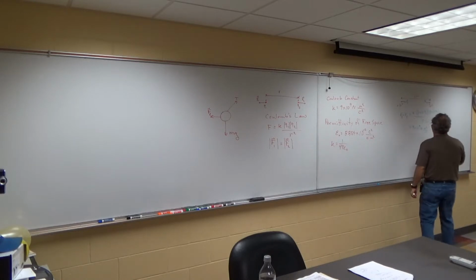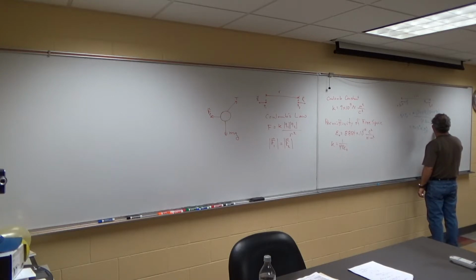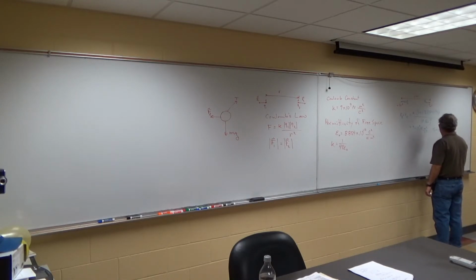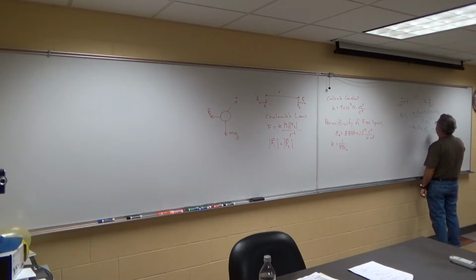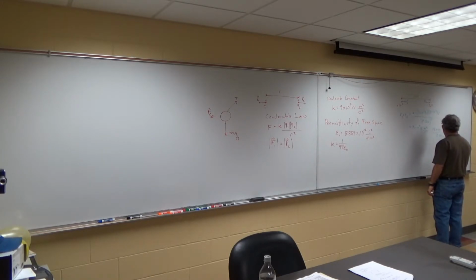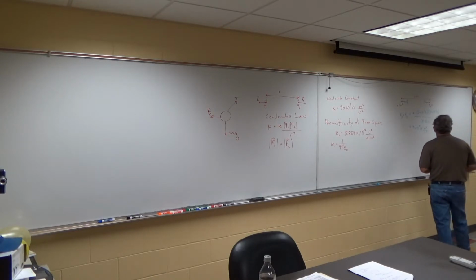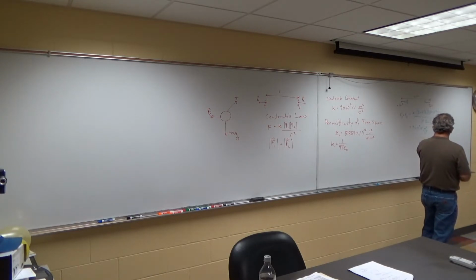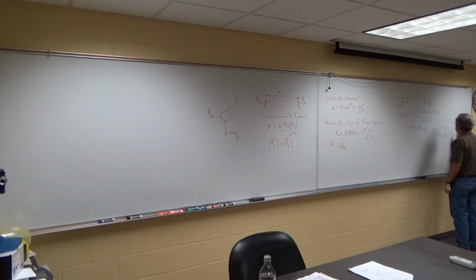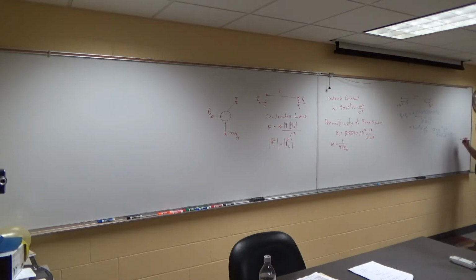Okay. So this is 15. I'm just going to write this out. Times 10 to the negative 12 Coulomb squared divided by 0.25 meters squared. So that's equal to 60 times 10 to the negative 12, I guess.